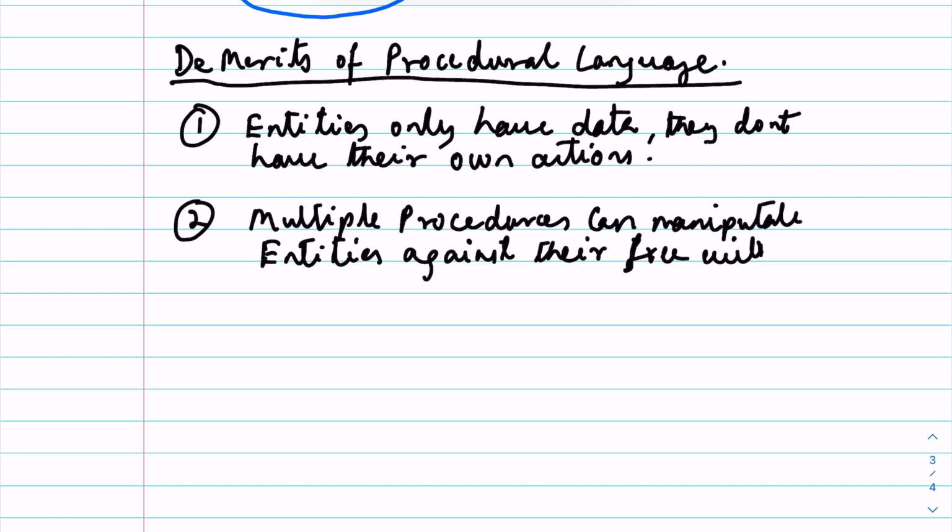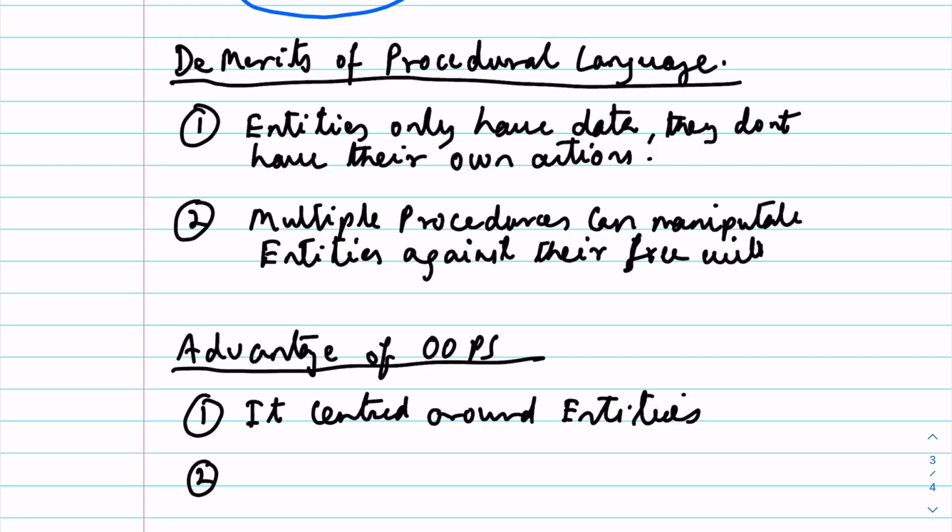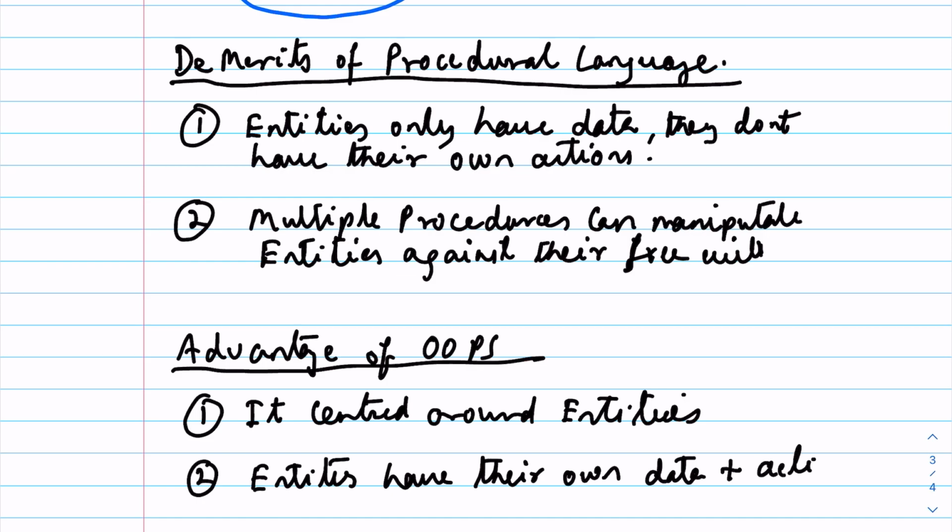So the advantage of object oriented principles is that it's centered around entities. Here entities have their own data and related actions.